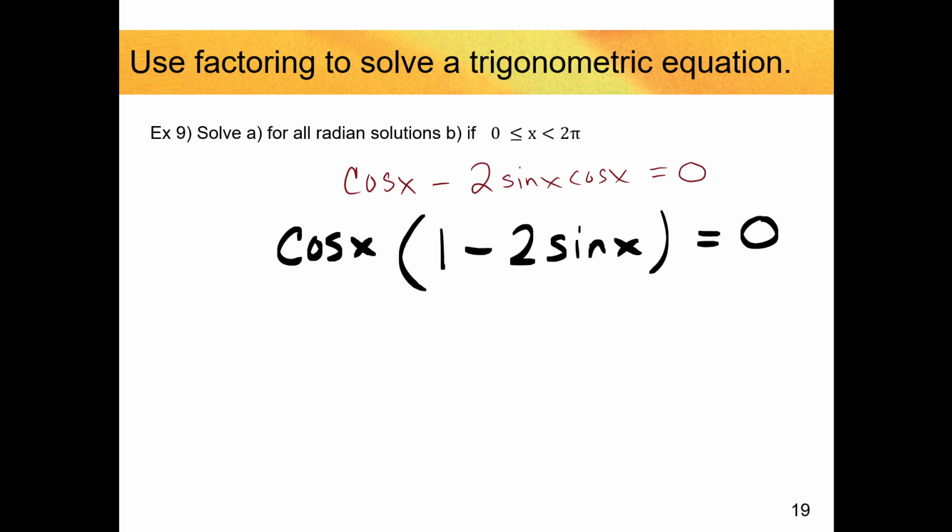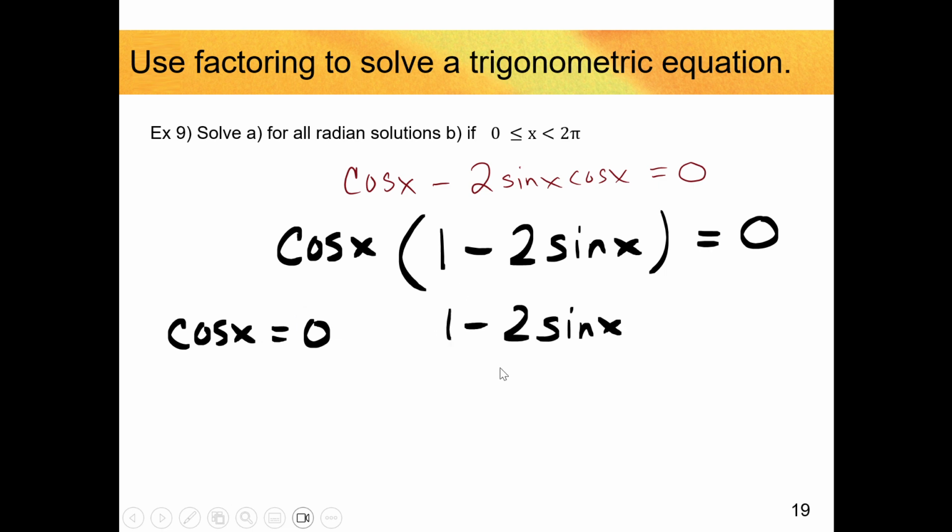Here is how we individuate each of the trig functions: we usually do it by factoring. Now notice what I'm doing. I'm trying to figure out when cosine is equal to 0, and also when 1 minus 2 sine equals 0. If I subtract 1 and divide by 2, everybody okay with the 1/2?